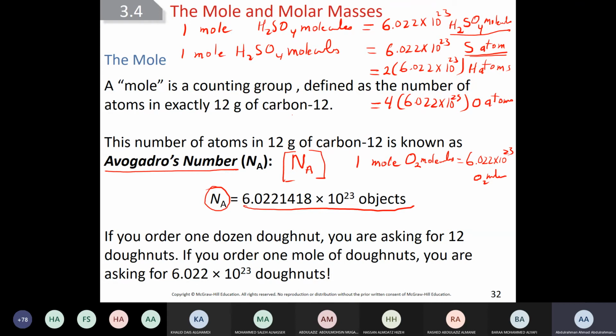Okay. Now, how many hydrogen atoms do I have? 2 times Avogadro's number. How many oxygen atoms do I have? 4 times Avogadro's number. Same thing if I want 1 mole of H2SO4 and I want to know how many total atoms.